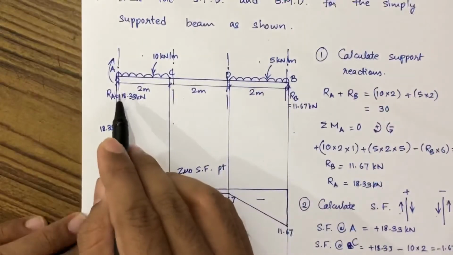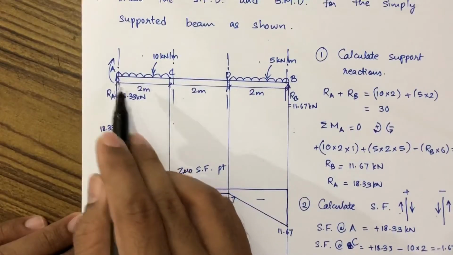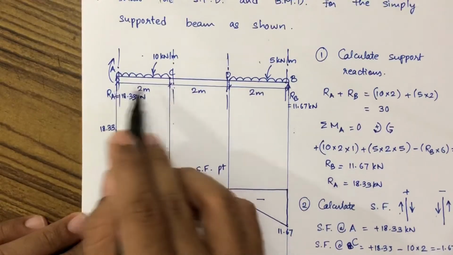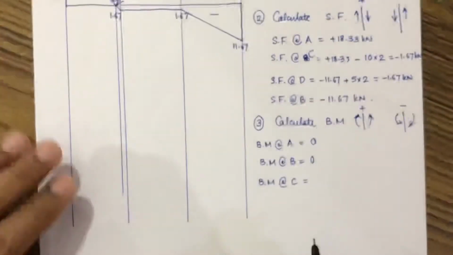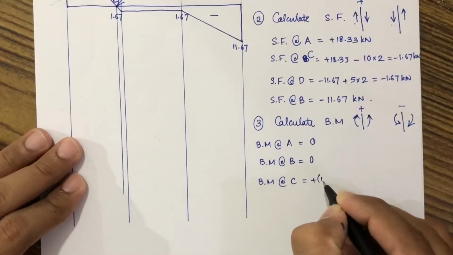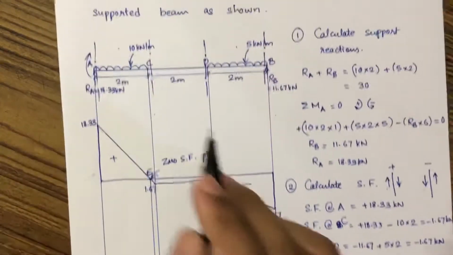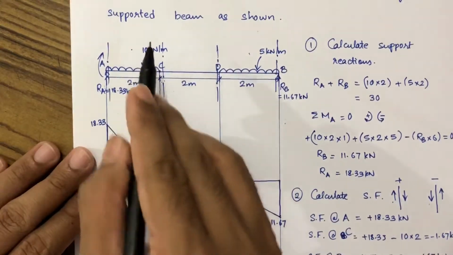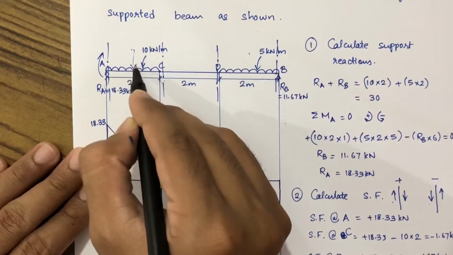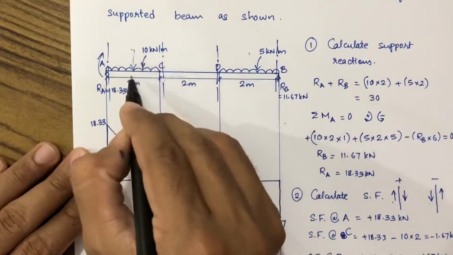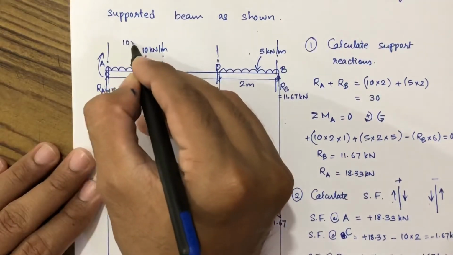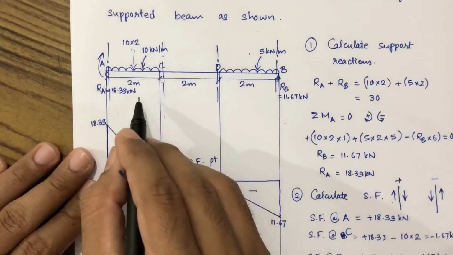So this will be plus 18.33 multiplied by 2. The perpendicular distance is 2. Then this point load is moving downwards and it has a magnitude of 10 into 2.